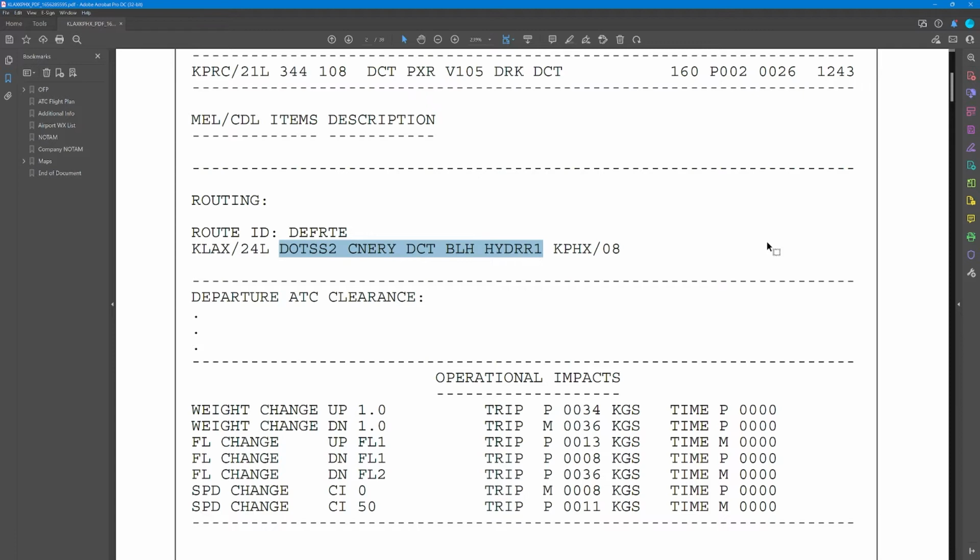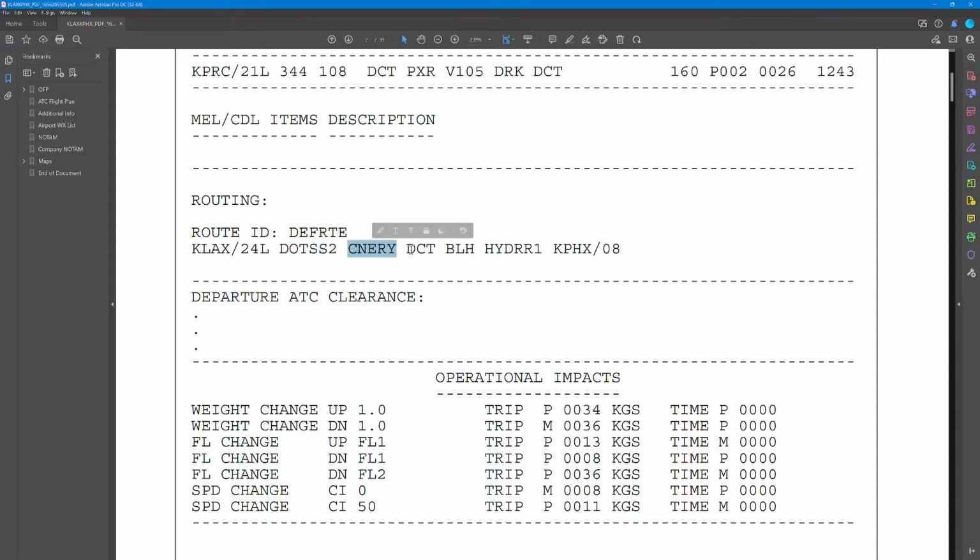So flight plans include departures, which is what this is right here, DOTS 2, as well as arrivals. Here's the arrival, HEYTR 1. So the way this is read is you have a departure, then you have a transition.